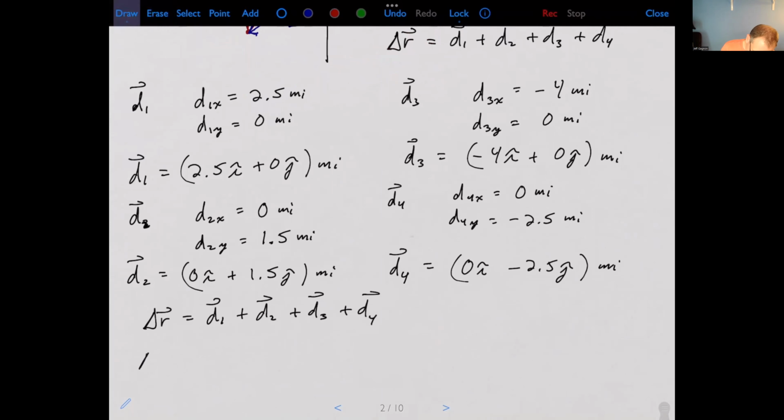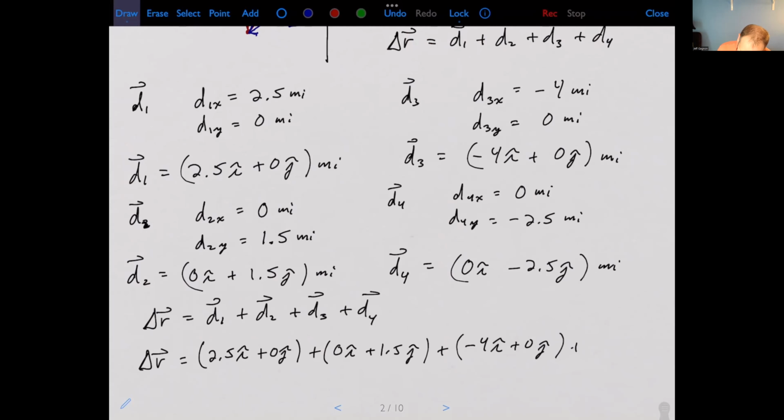Okay, so this is going to be 2.5 I hat plus 0 J hat. And then D2 was 0 I hat plus 1.5 J hat. D3 was -4 I hat plus 0 J hat. And finally, D4 is 0 I hat minus 2.5 J hat.